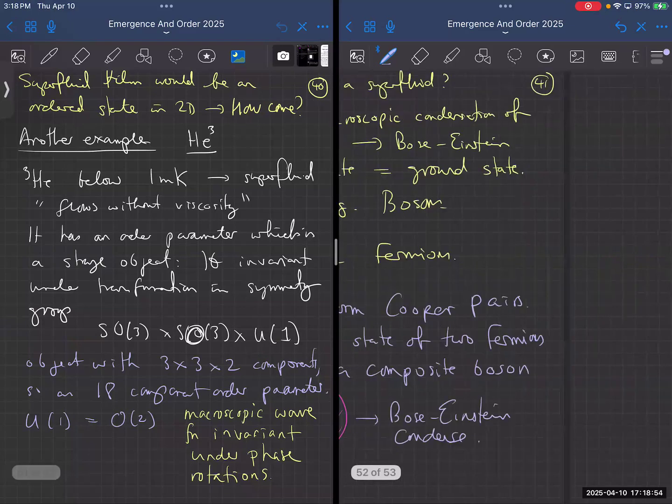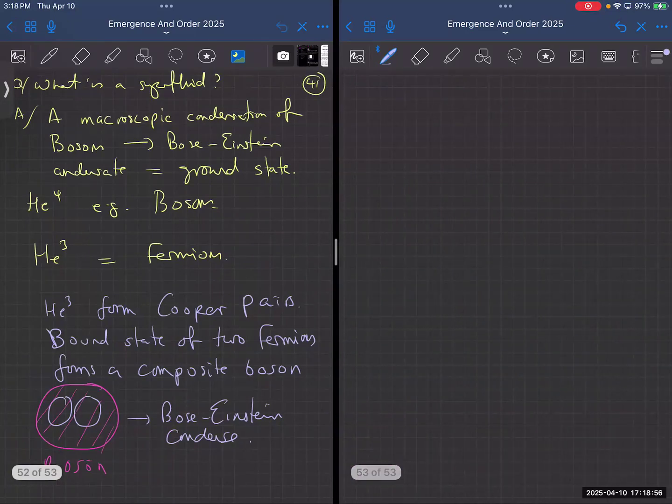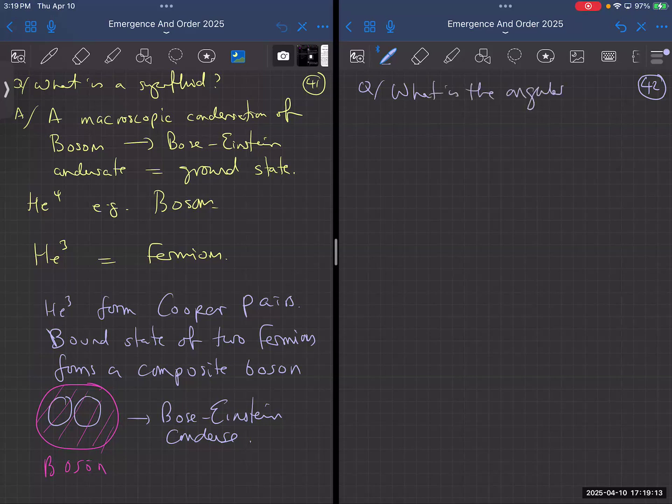That happens in helium-3, and the question then you want to ask yourself then is, what is the angular momentum state of the composite boson?